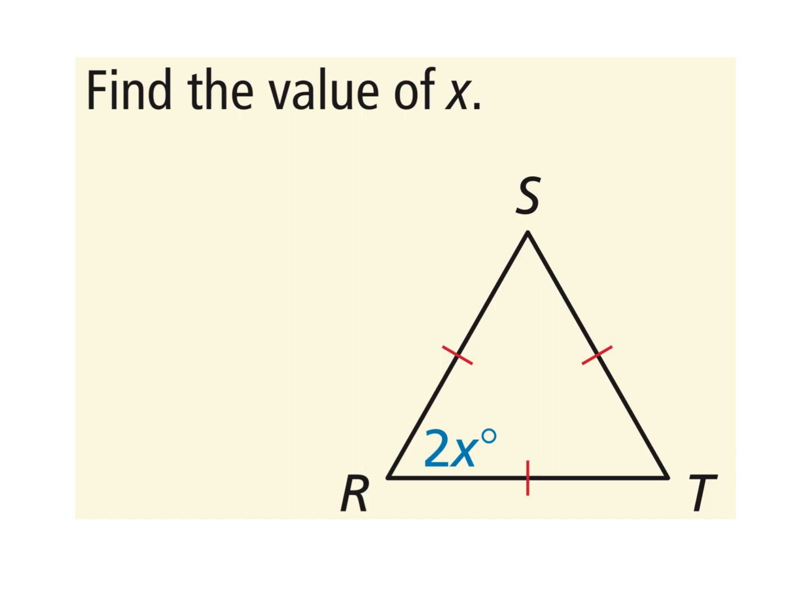How many congruent sides do we have? Three. So it's what kind of triangle? Well, first with the sides, it's equilateral. Because when we look at the sides, it's three congruent sides, so it's equilateral. But if it's equilateral, it's also going to be equiangular.